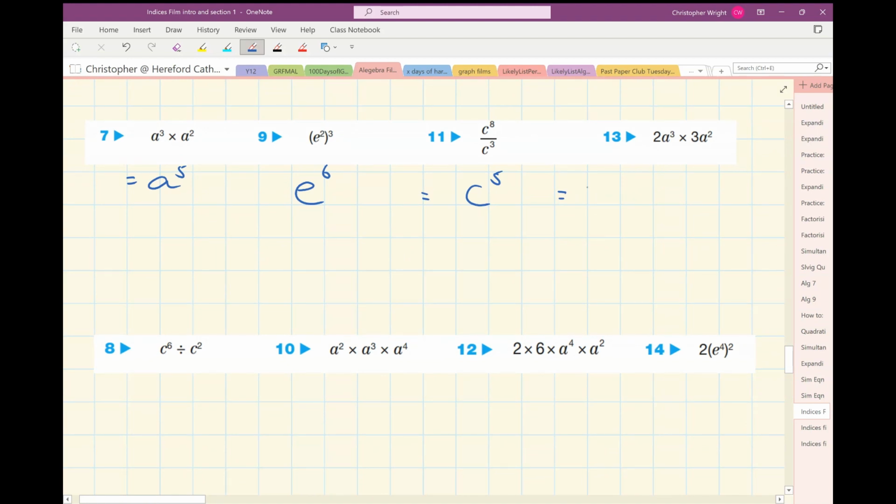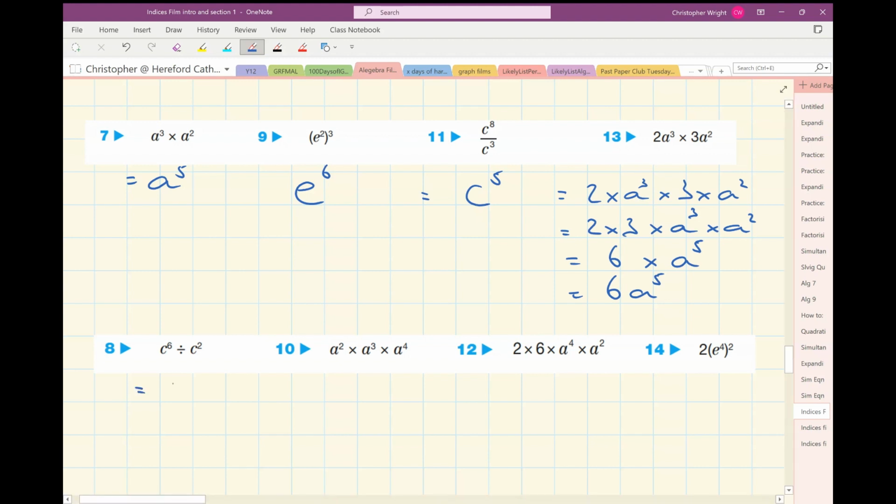I've got 2 times a cubed times 3 times a squared. Remember, you can multiply in any order, so really this is just 2 times 3 times a cubed times a squared. 2 times 3 is 6. A cubed times a squared, add the indices, a to the 5. So the answer is 6a to the power of 5. But of course, you may have written that answer straight down, which is absolutely fine.